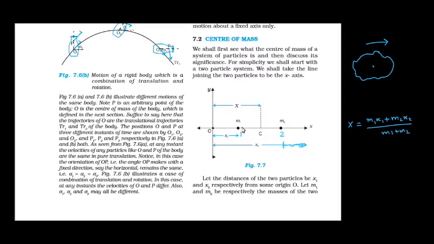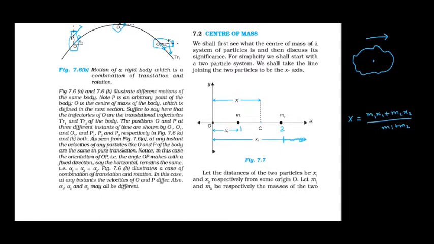Today we'll leave it here only. Before closing the session, let us recap what we have done. We started with center of mass. First we covered the definition of center of mass. Next we found the center of mass for a two particle system, and the center of mass value was m1 x1 plus m2 x2 upon m1 plus m2, and we found the special condition where m1 and m2 are equal.